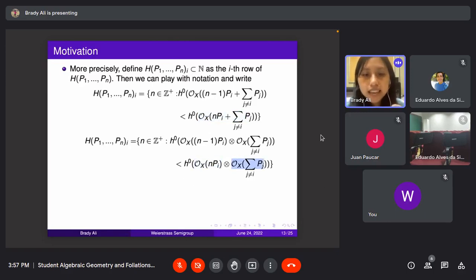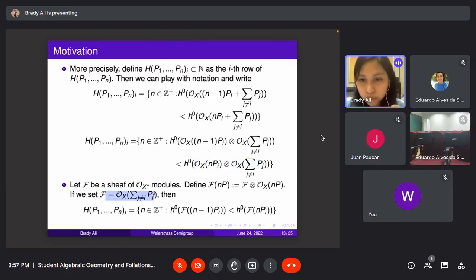So if I take F equal to this sheaf, O_X of the sum of all the points P_j where j is different from i, and I use the notation where F(nP) is equal to F tensor O_X(nP), then I can rewrite this definition as the positive integers n such that the dimension of the sheaf F((n-1)P_i) is less than the dimension of the sheaf F(nP_i). So this is what motivates this generalization.